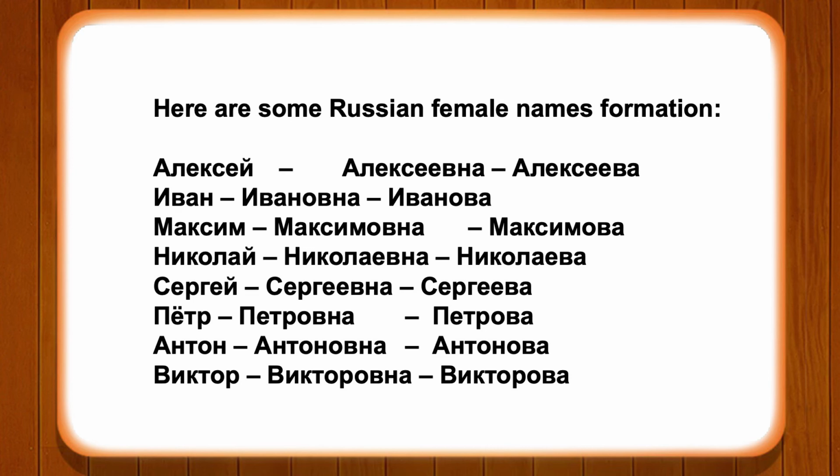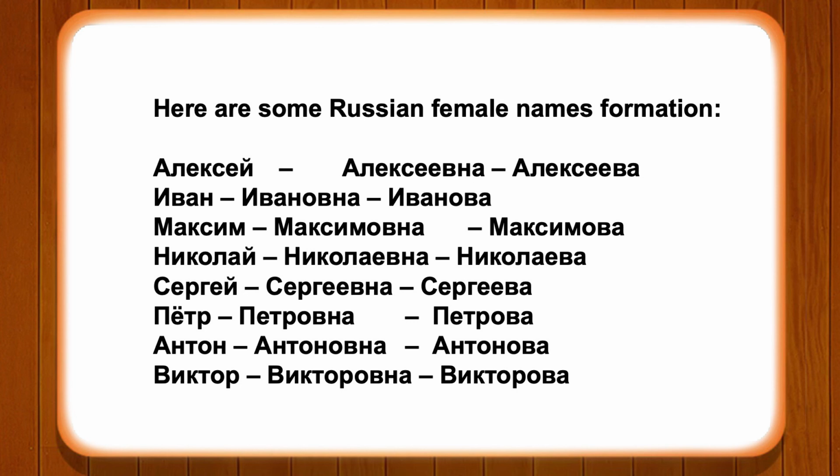Let us now see the female names and their formation. Alexei, Alexeyevna, Alexeyeva. Alexei is the father. From the father's name, the female person gets her otchestvo as Alexeyevna. And if it is a family name, familia, that is the last name, it would be Alexeyeva.